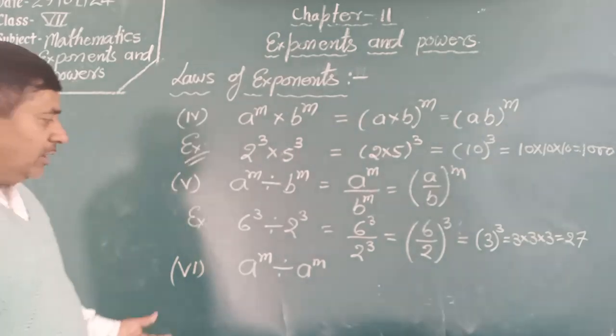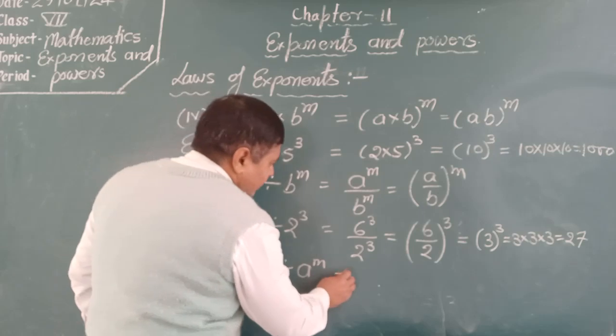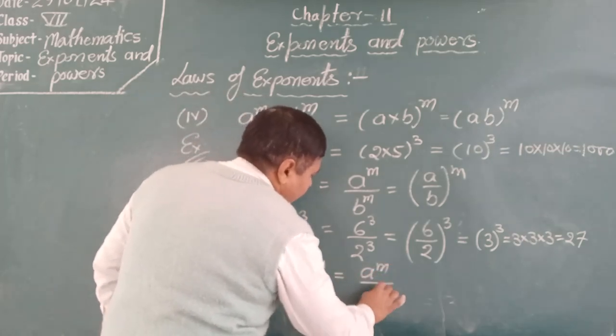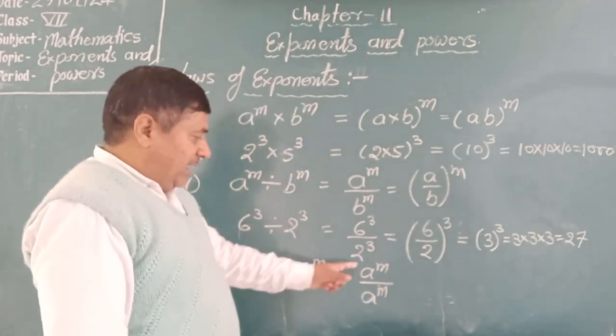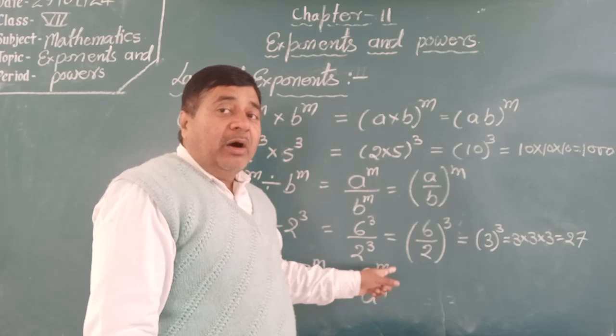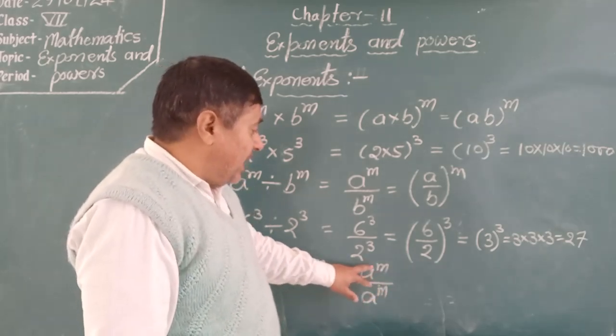That means you can write a to the power m upon a to the power m. Here the base is the same and the exponent is also the same.